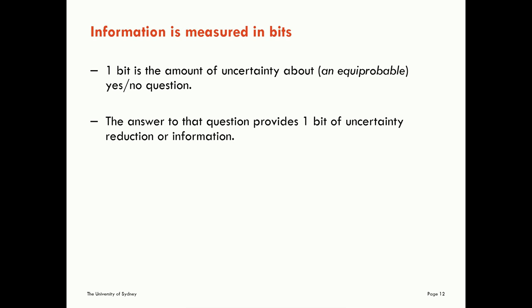As I say, uncertainty and uncertainty reduction, or information, are the two sides of the same coin. So here the examples could be what's the result of my next coin flip, or what's the sex of the next person walking through the door. Once we know the result, that provides us 1 bit of uncertainty reduction to the 1 bit of uncertainty that we had about that question before we got the answer.